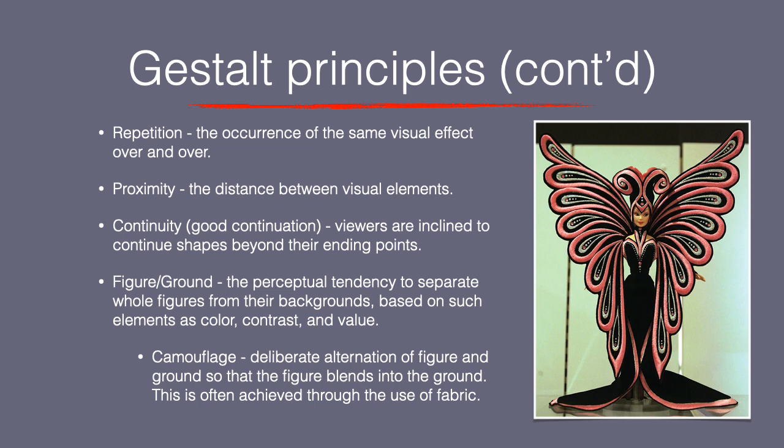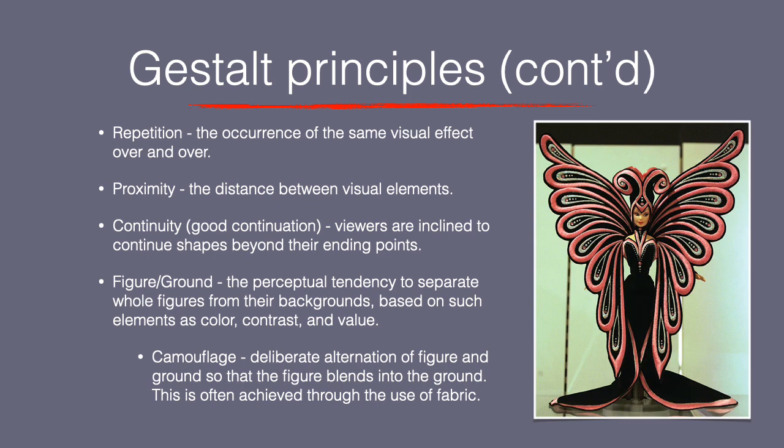Repetition is the occurrence of the same visual effect over and over. Repeating any element such as line, shape, and color creates the potential for unity. Proximity is the distance between visual elements.